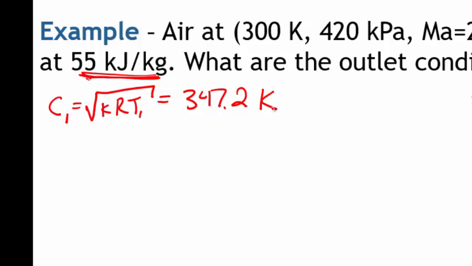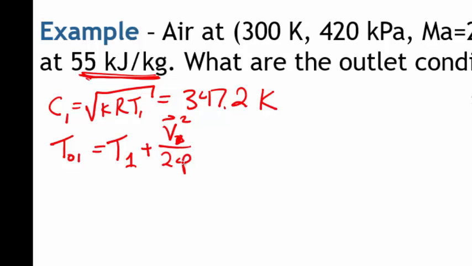Then I can find my stagnation temperature, T01. That's just T1, that 300 degrees, plus V1 squared over 2Cp.